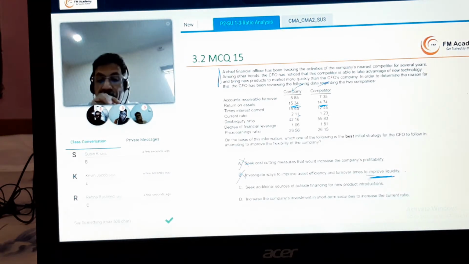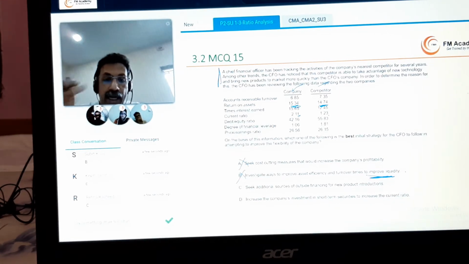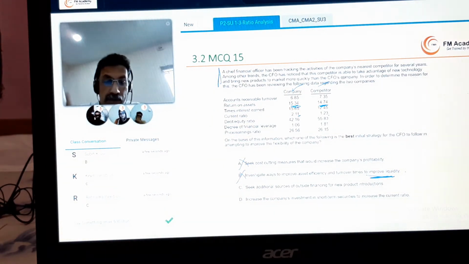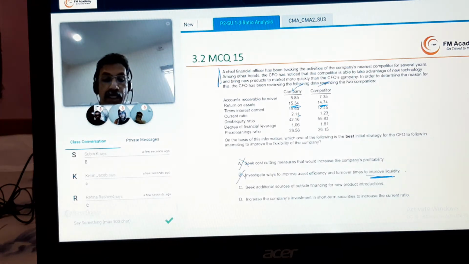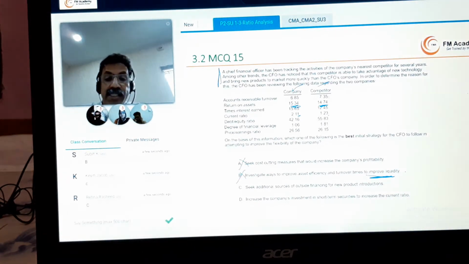So if you are comfortable, you can go for additional financing from outside sources. But let's look at the ratios. Account receivable turnover will not give you anything about your debt capacity. Return on assets will not give you even, like, you can go for a loan when you are profitable, you are very profitable. Times interest earned, that is a very pertinent issue.